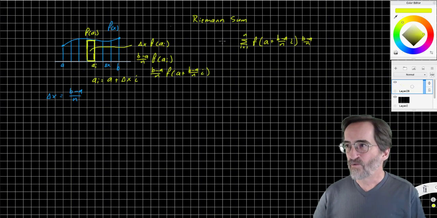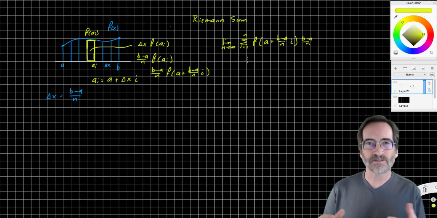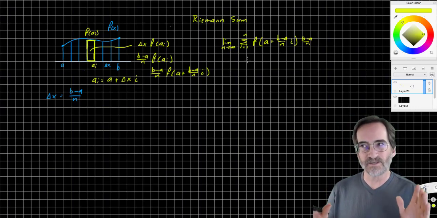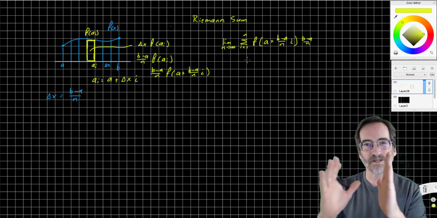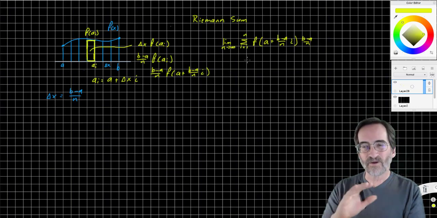But now we're going to formalize this a little bit more. We're going to say, let's take the limit of this sum as n goes to infinity. As the number of bins, as the number of subdivisions gets infinitely large, each slice becomes infinitely small. And so we have kind of a width going to 0.